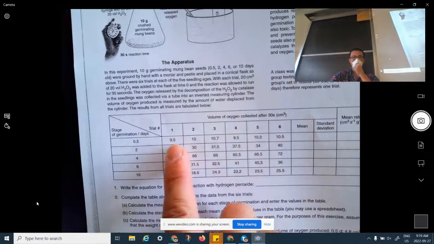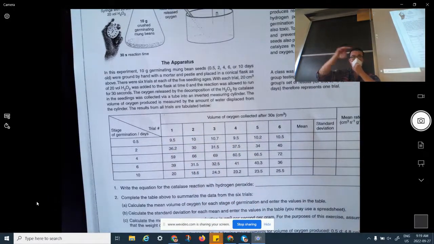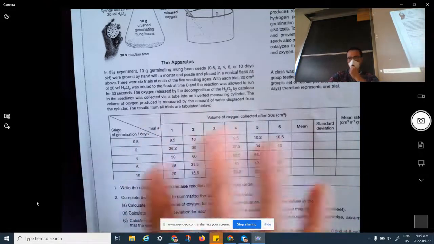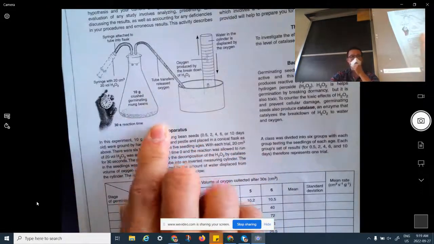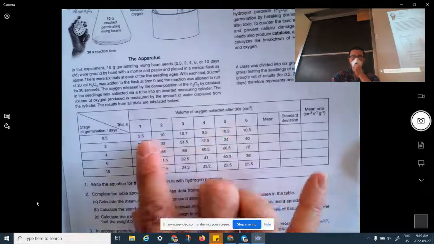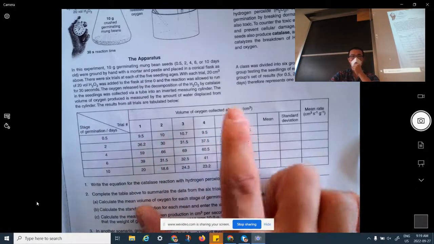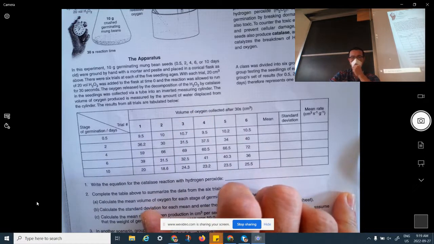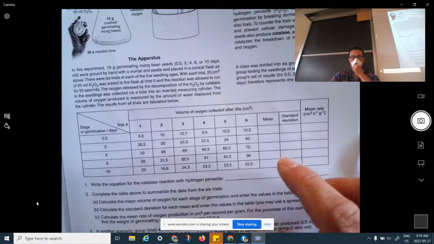For each germinating stage, you have 5 trials. They germinate the seed for half a day, and then they crush up those seeds to do the experiment with it. Here they have 6 trials, and for each trial they record the volume of oxygen gas collected after 30 seconds.